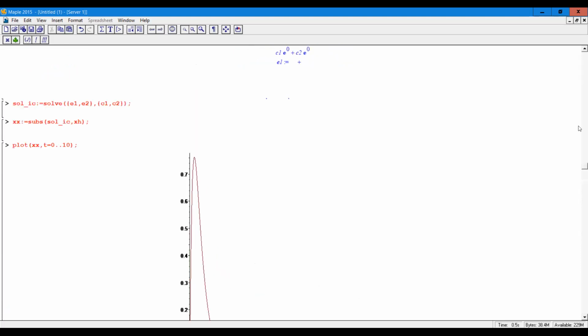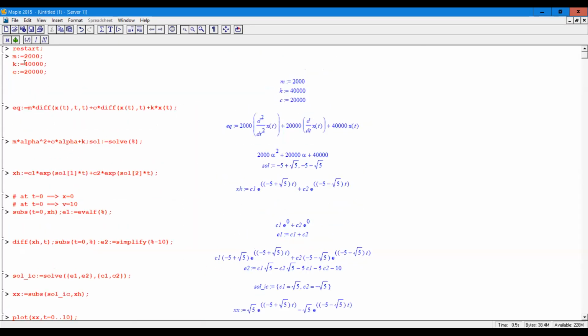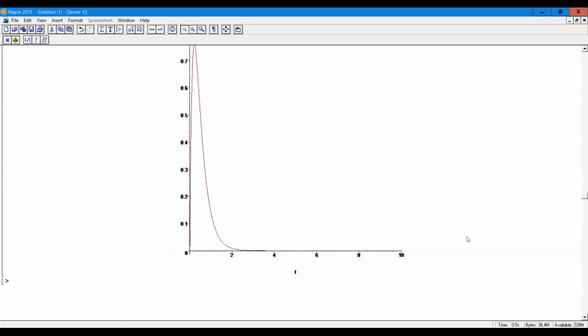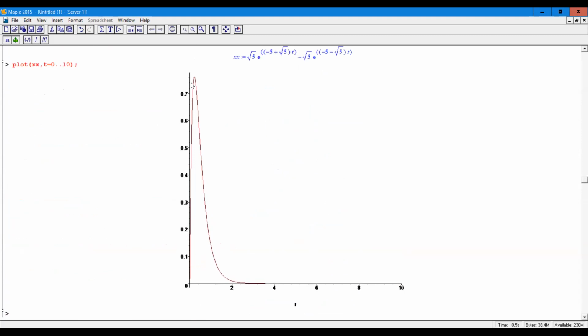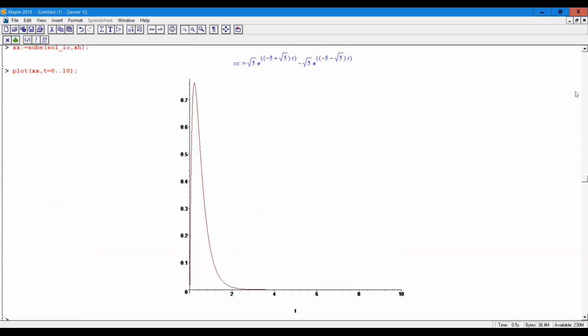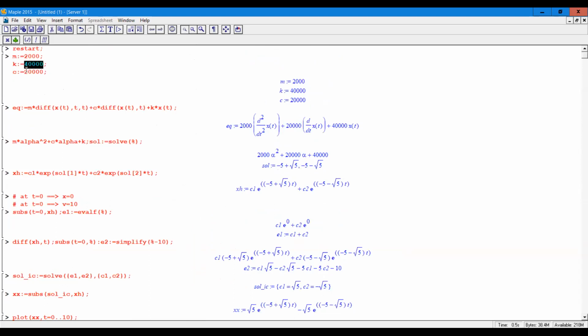So you can see here, by changing this value, for example, by changing this k or c, you can change this response. If you as an engineer were responsible for designing a spring and damper system for that car to stop this car and control its displacement, you can change these values, the stiffness and the damping constant, because the mass of the car is constant, it's equal to 2000.